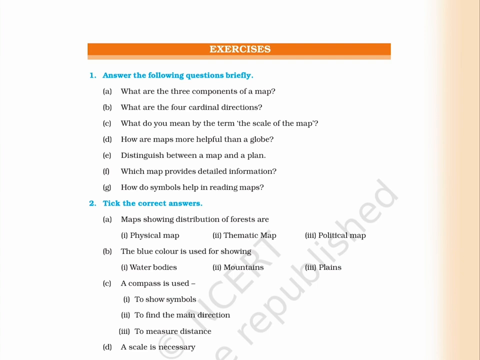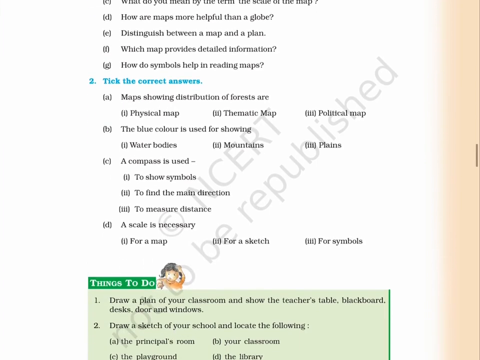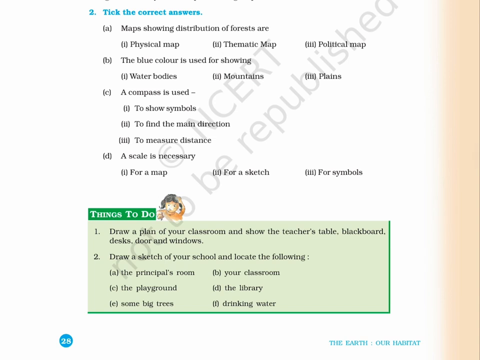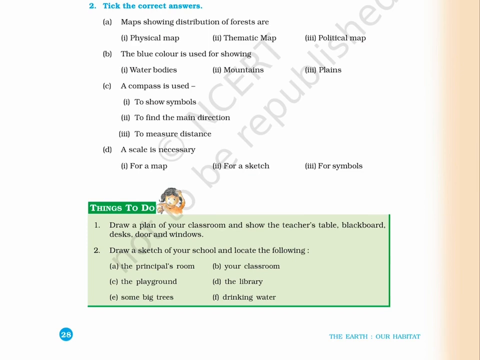C. A compass is used 1. To show symbols, 2. To find the main direction, 3. To measure distance. D. A scale is necessary 1. For a map, 2. For a sketch, 3. For symbols.